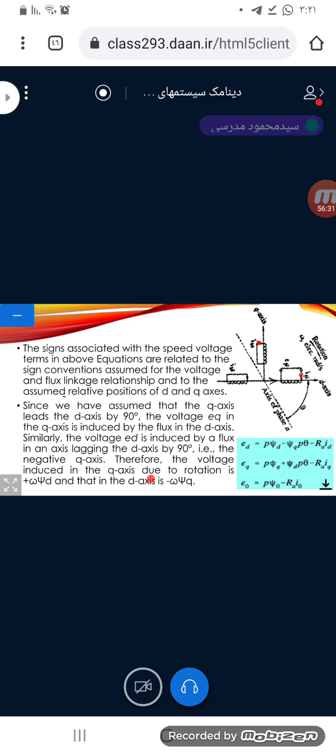So we have two terms in the equation. For example, in this equation 4, it is minus psi q d theta, and for the q-axis we have the term plus psi d d theta.